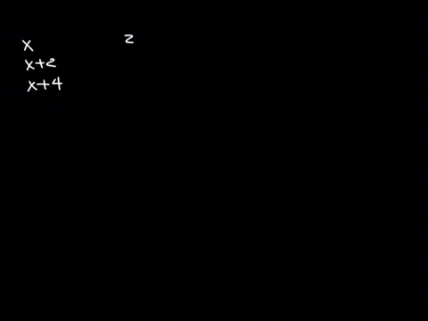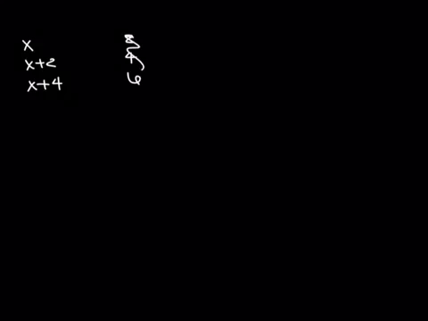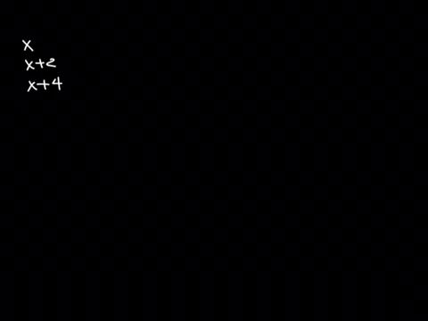So it's like if this one was 2, this one would be 4, that one would be 6. Or if this one was 8, this would be 10, this would be 12. Okay, so those are your 3 consecutive even integers. Write an expression in symbols for the sum, which means we're going to add those.